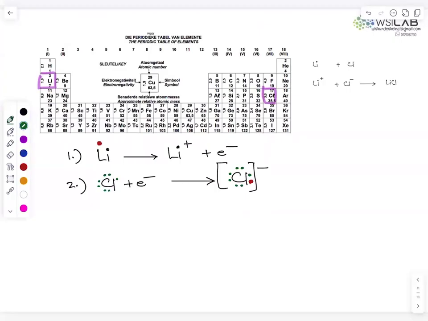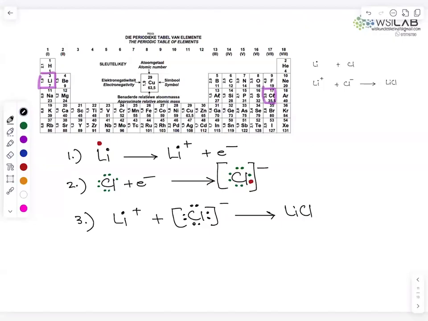So I've got that. And then these two really like one another because one is positive, one is negative. And then in the third step, you're going to show how the positive lithium ion bonds with the negative chlorine ion to become lithium chloride.